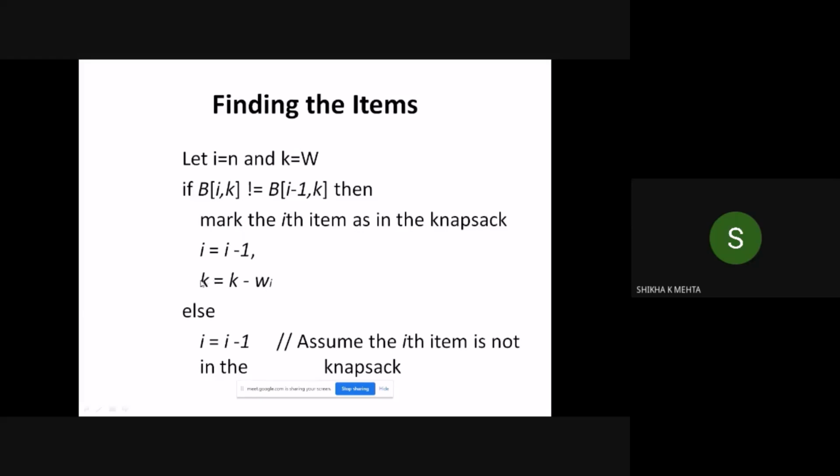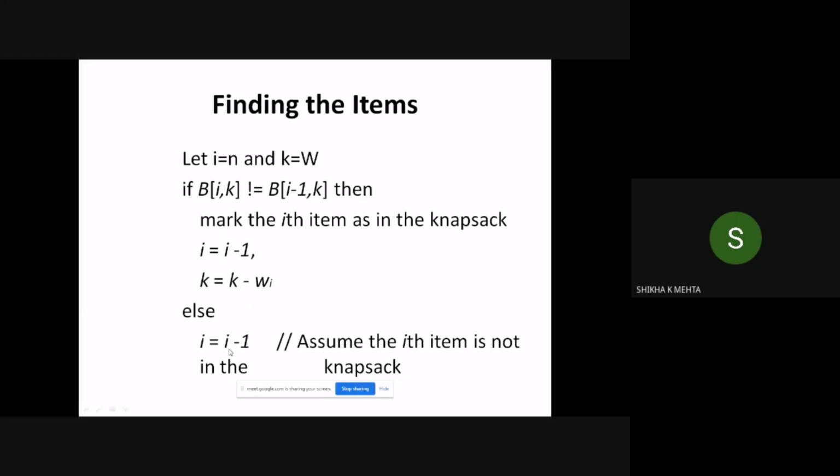Along with that, we will be reducing the weight, because in the knapsack we have to take care of the item which is kept. Let us say we are keeping the last item in the knapsack. In that case, we will have to reduce the weight of that item from the total weight of the knapsack, so that we can make sure that the other items which will be kept in the knapsack have a weight equivalent to only the weight that can be accepted by the knapsack.